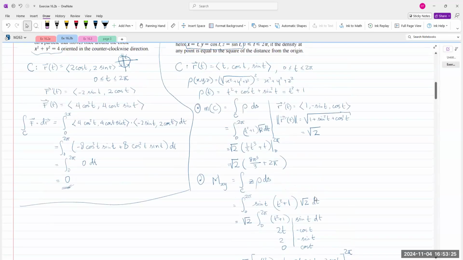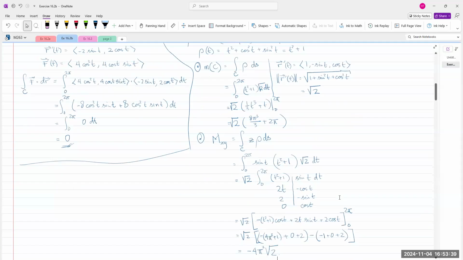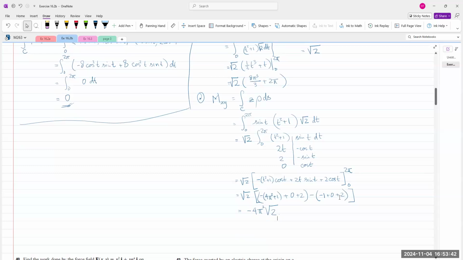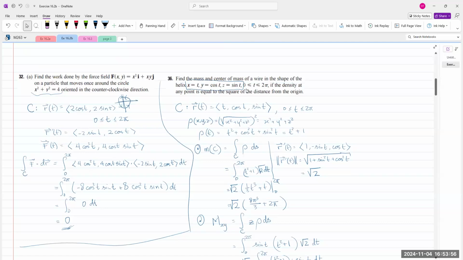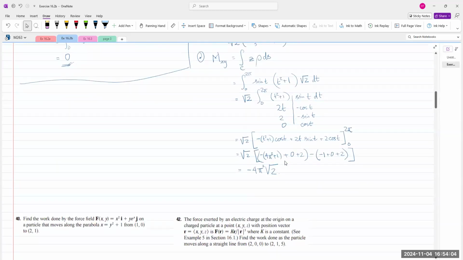Okay, give me a second. From 0 to 2 pi, that's correct. Oh, the c may be negative. The z may be negative. My bad. So yeah, that's okay. So the c may be negative.